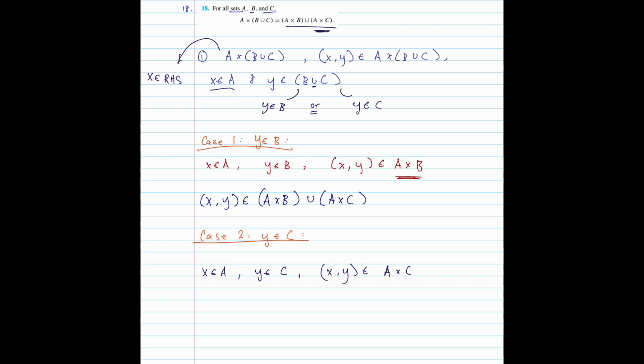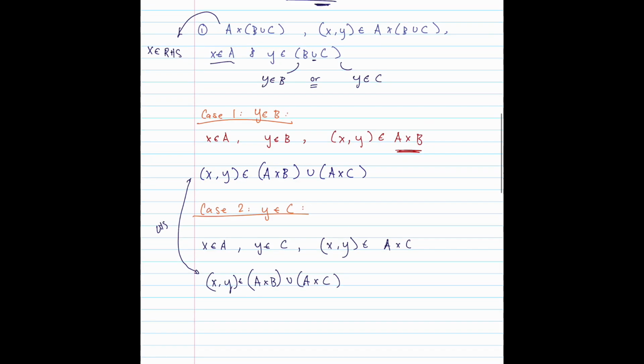So based on what I said before, you can immediately conclude that XY is also an element of A times B union A times C. Right, so we proved this for the left-hand side.